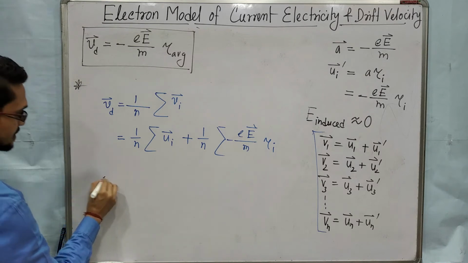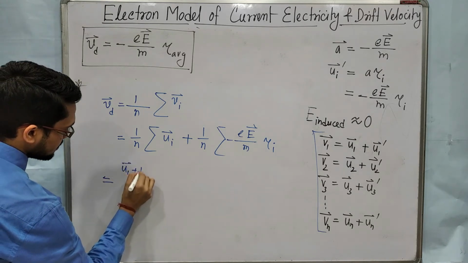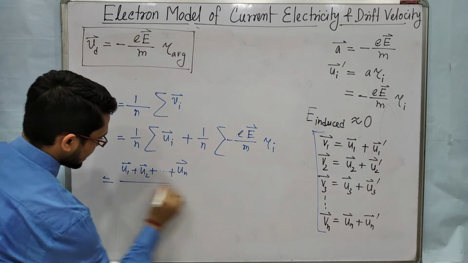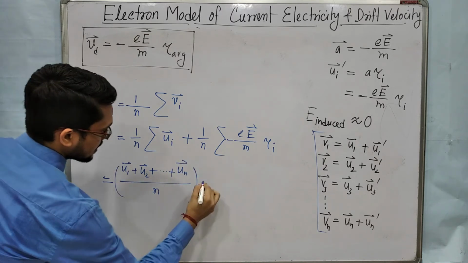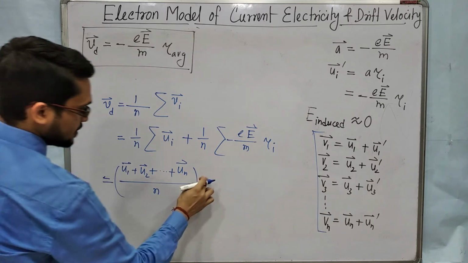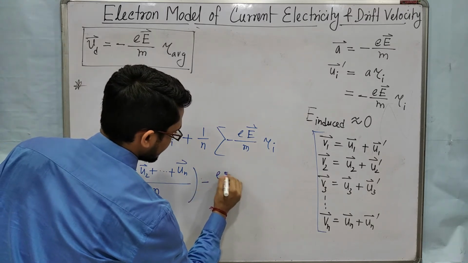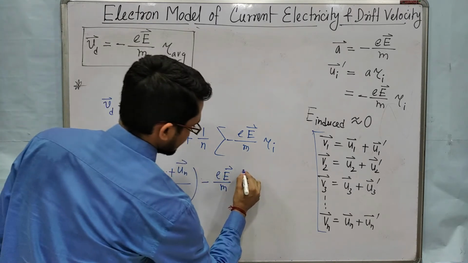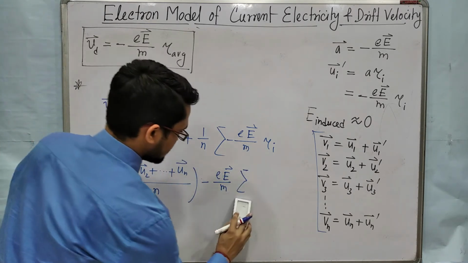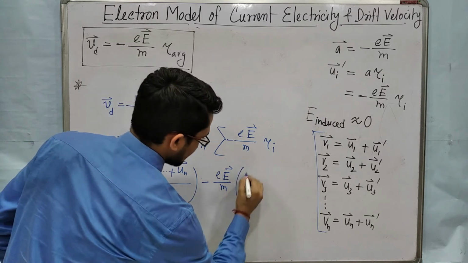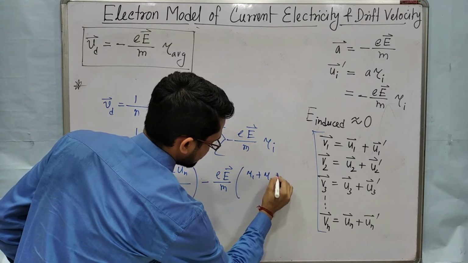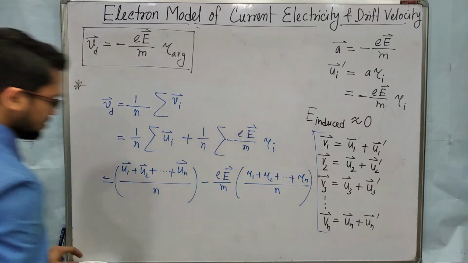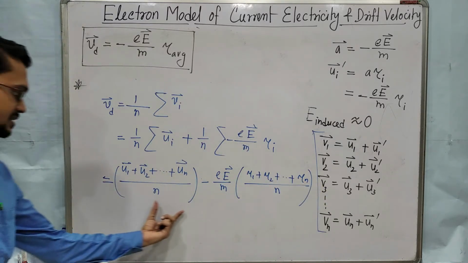So this is basically (u1 plus u2 plus ... un) by n, and this will be minus E by m into (tau 1 plus tau 2 plus ... tau n) by n. This is the average thermal velocity.